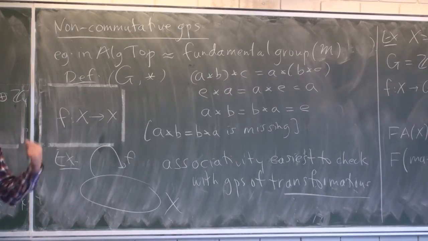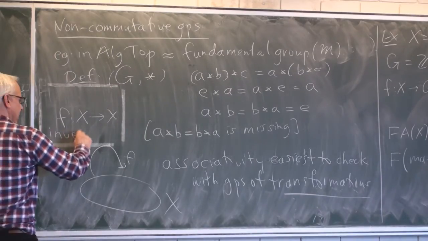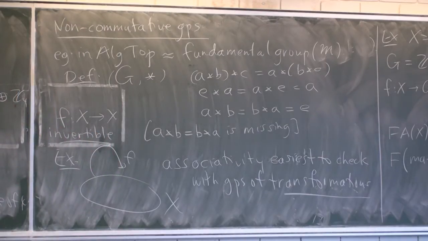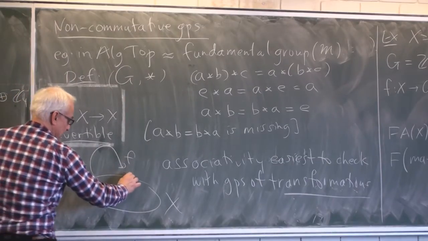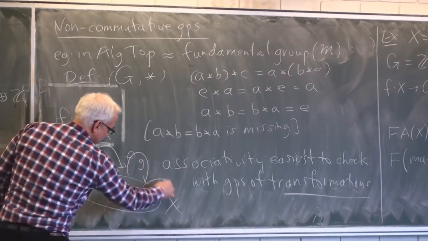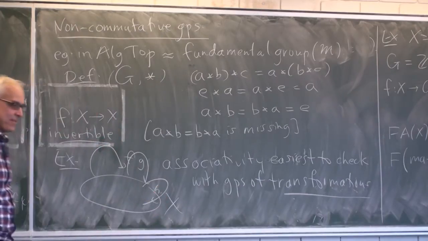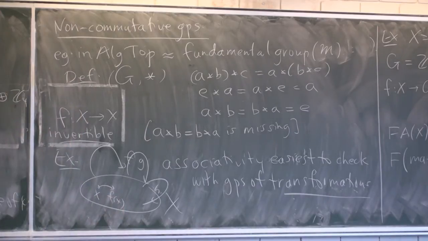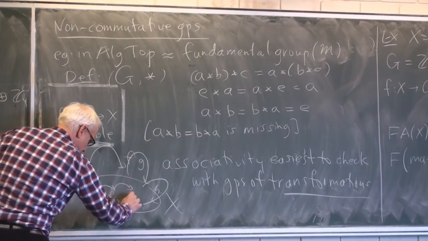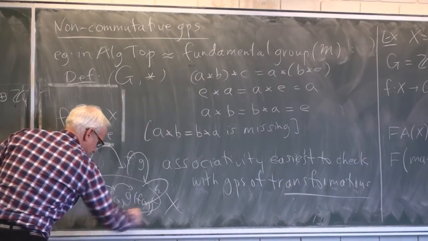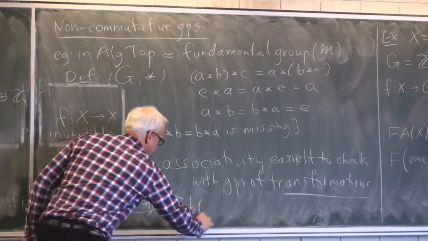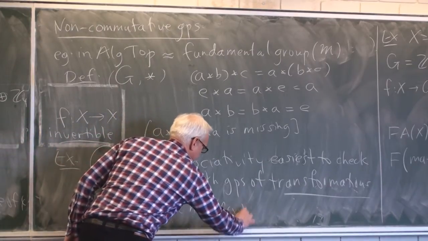If the functions are invertible, and we want them to be invertible because we want there to be inverses, then if we have one function f and another function g and another function h, we have some element x, and we first perform f, and then we perform g, and then we perform h, so h of g of f of x.